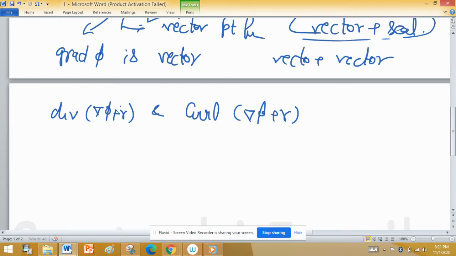R is a vector function, the position vector function. That is for divergence. Divergence means dot product with nabla. Usually I write R for the position vector.